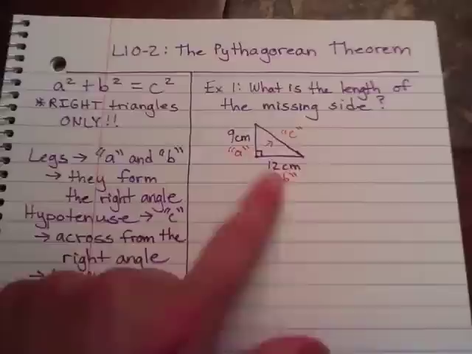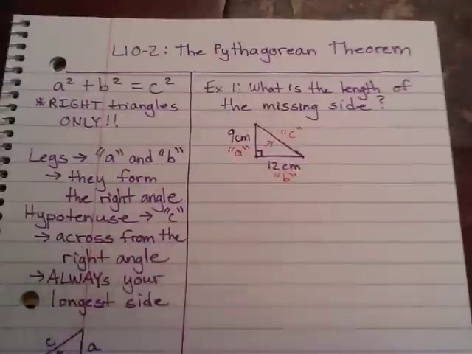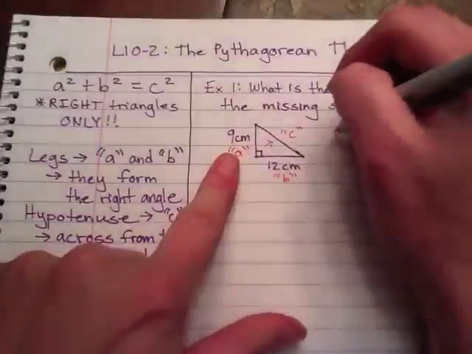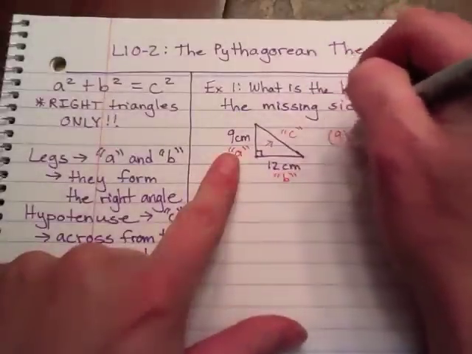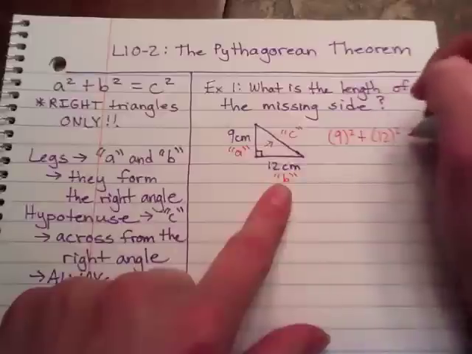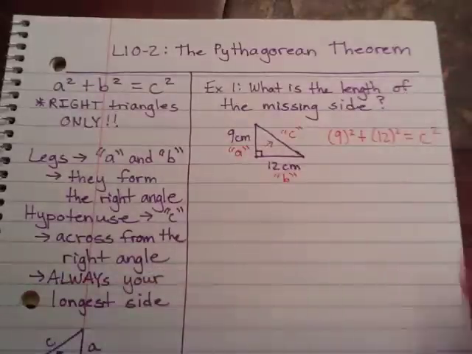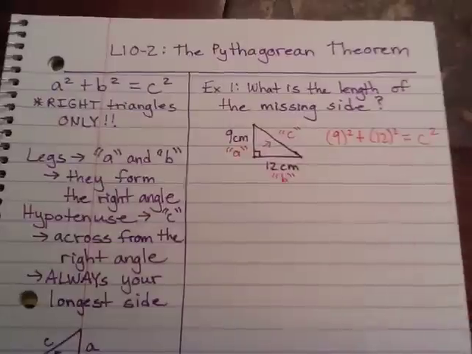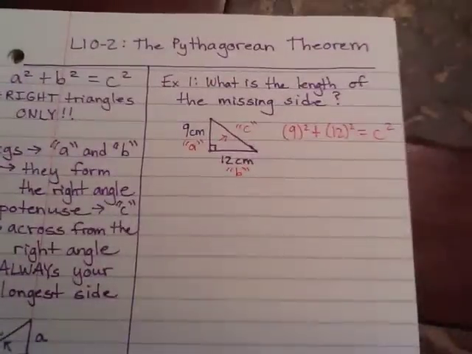So we have a squared plus b squared equals c squared. So a squared is 9. So we have 9 squared plus 12 squared equals c squared. Don't forget your squared here. And now you just simplify and then solve.